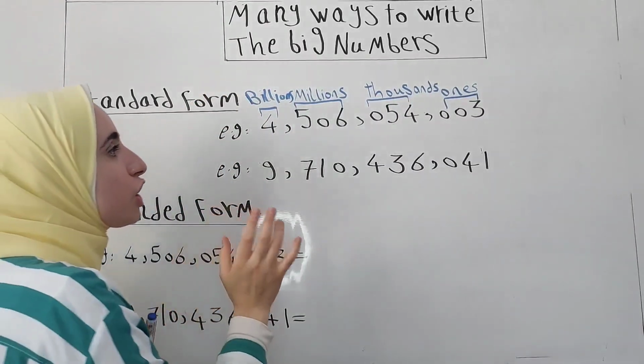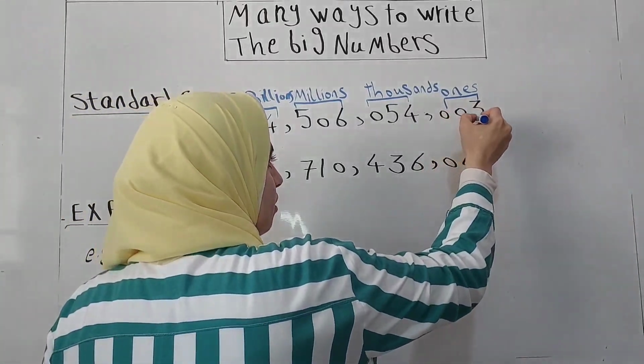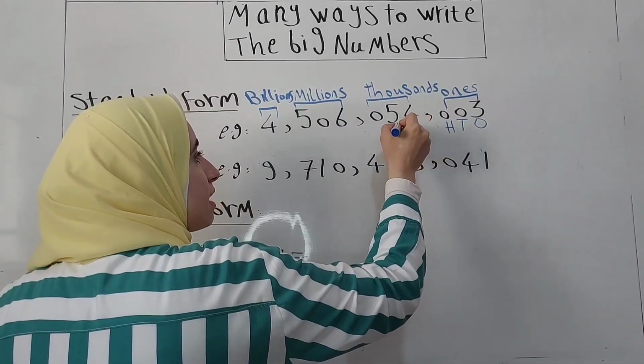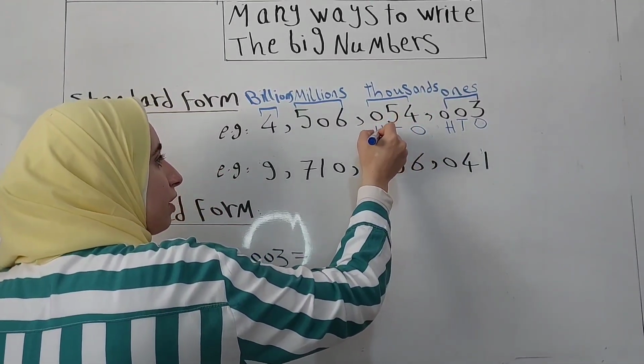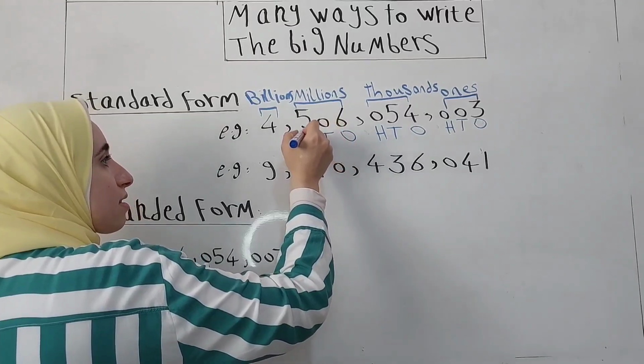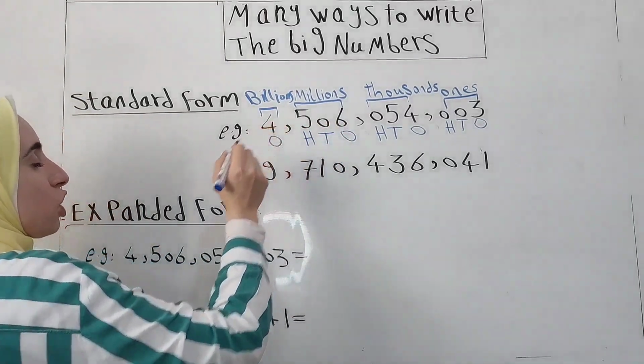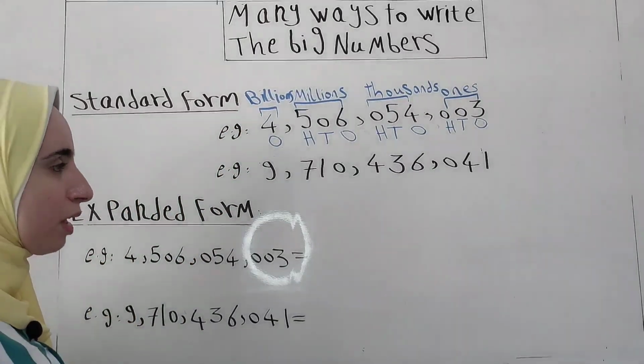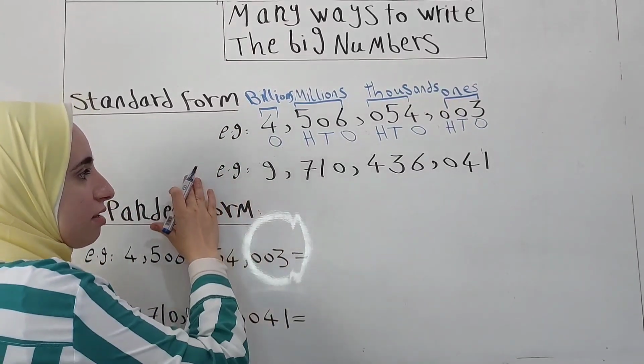Now, each family has 3 places: ones, tens, hundreds. We studied only one place in the billions family until now. Now, another example.